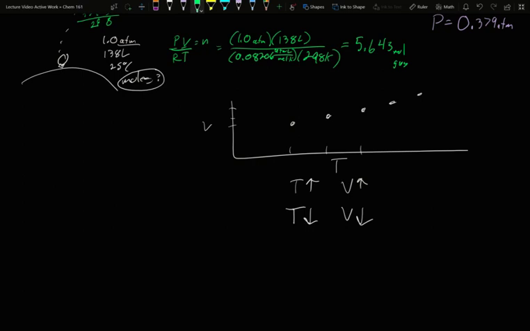In theory, this only works for so far, but you can actually project this trend line. You can say, given this trend line, it's going to go down, and at some point, it's going to cross 0 volume. Now, no real gas can do this, because gas has physical volume, but you can follow the trend line to find where it would happen.